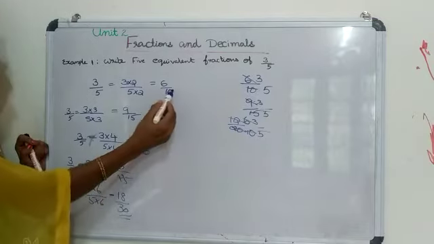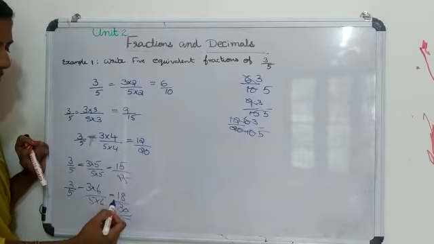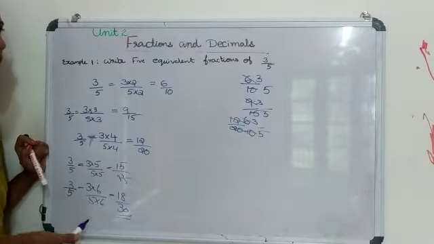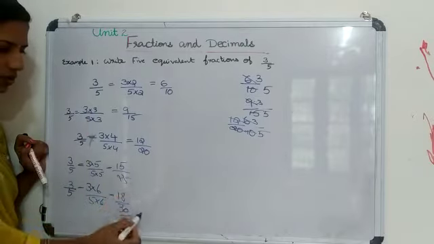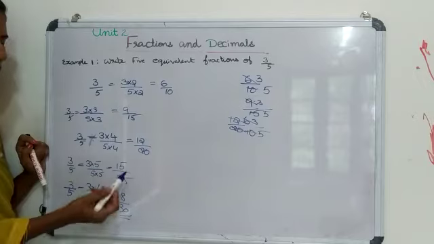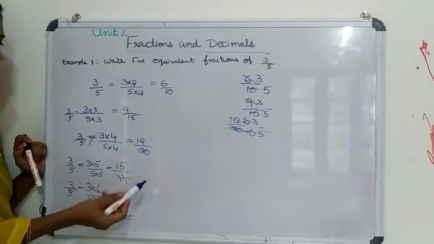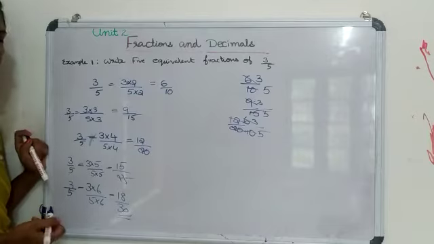So 6 by 10, 9 by 15, 12 by 20, 15 by 25, 18 by 30 are the equivalent fractions of 3 by 5. You can check these too. When we are dividing by the common factors, we will get 3 by 5. Is it clear?